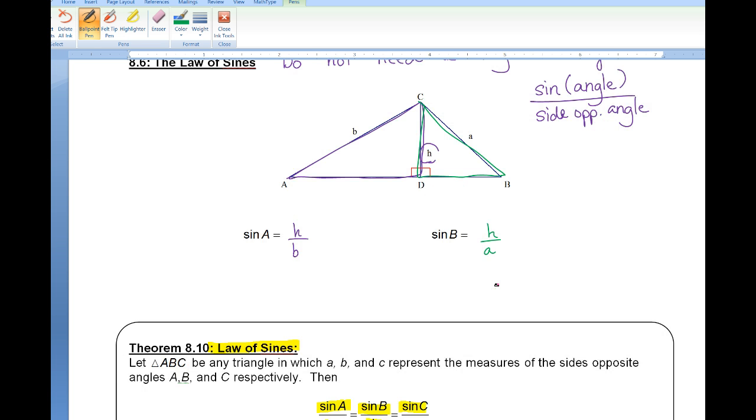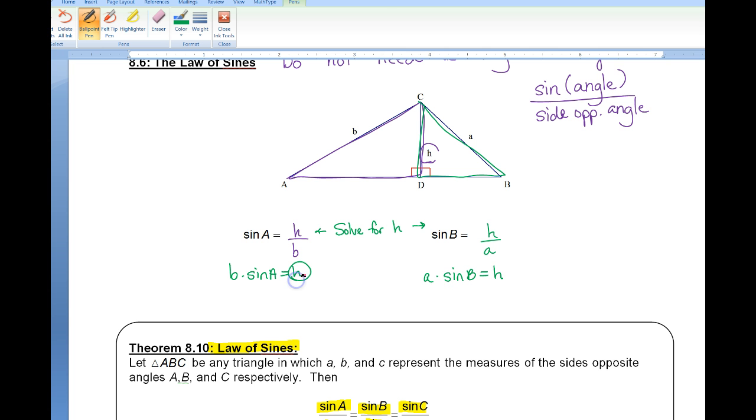Okay, so by looking at these, basically what I want to do is solve for h in both here and here. Well, how do I do that? Basically multiply both sides by b here. So I have b times sine of A is equal to h. And here, a times sine of B is equal to h.